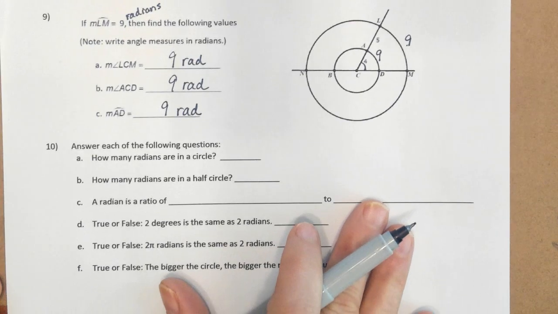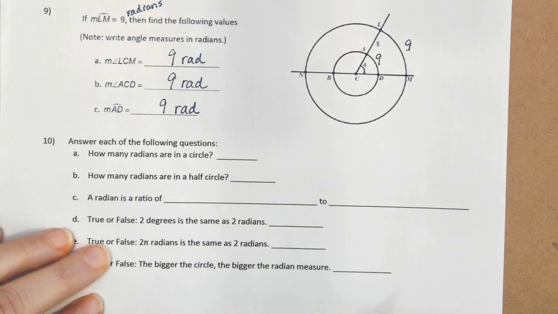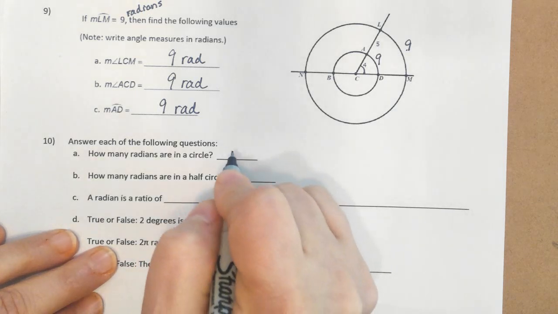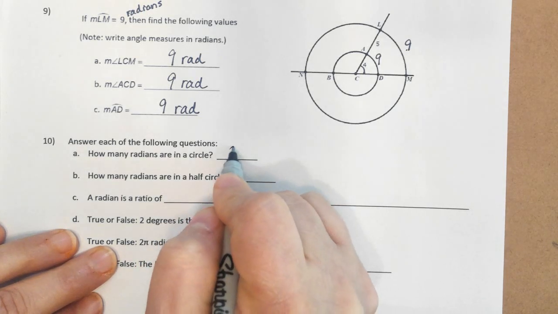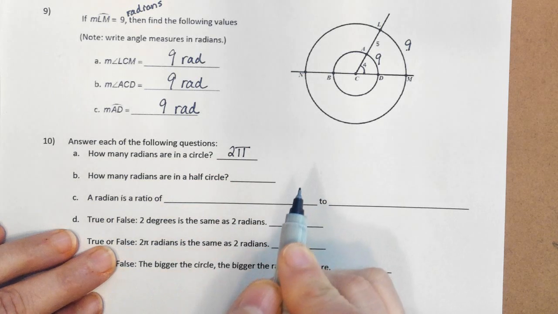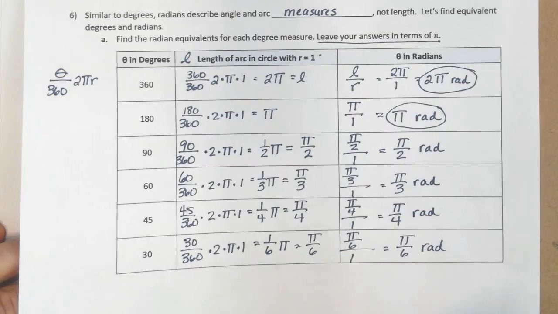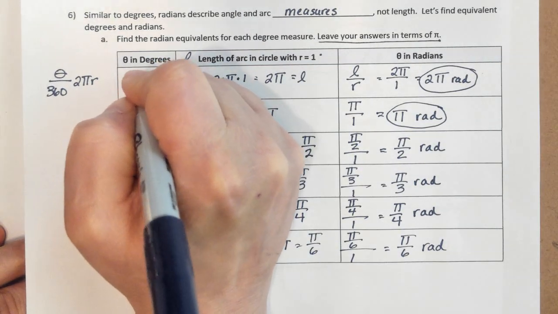Okay, so for number 10, it says how many radians are in a circle. Remember that was 2 pi. And if you don't remember how we figured that out, we have the table here. So this is a full circle.